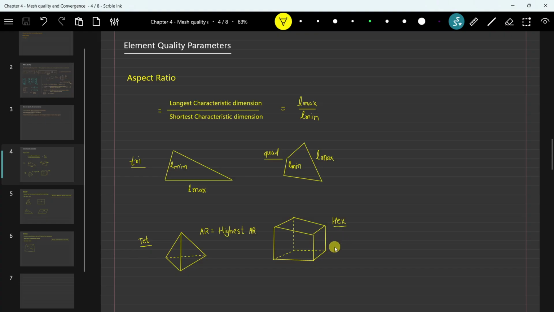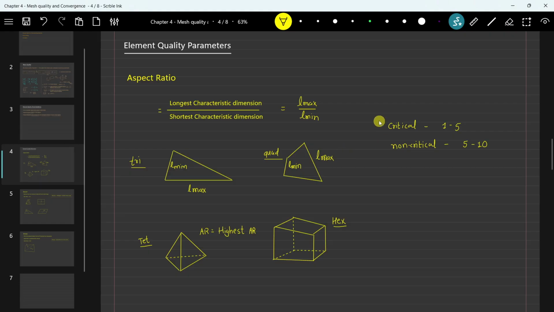What is the acceptable aspect ratio that we need to maintain in our meshing? For critical regions, it should not be more than 5, so 1 to 5. For non-critical regions, we can go up to 10, so it is okay to maintain 5 to 10 aspect ratio in non-critical regions.